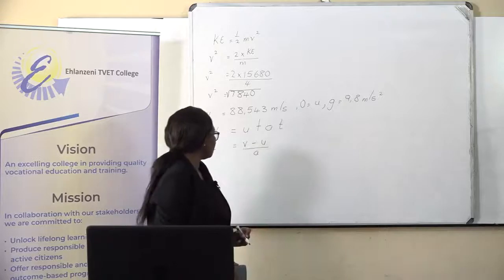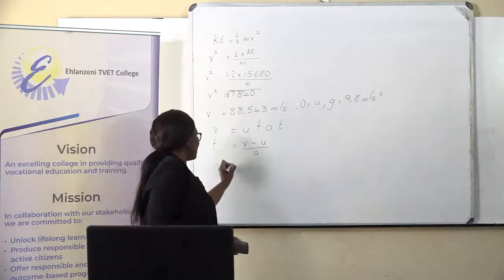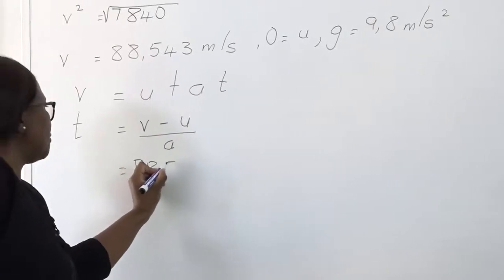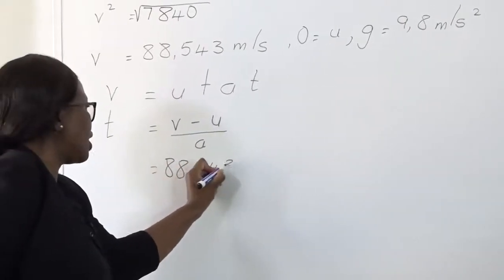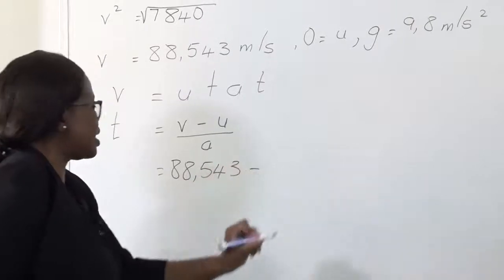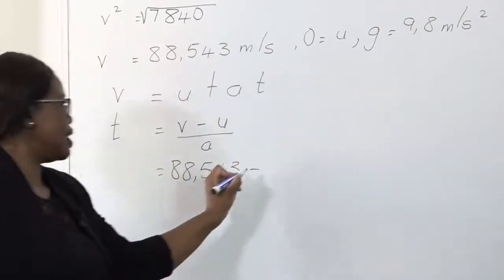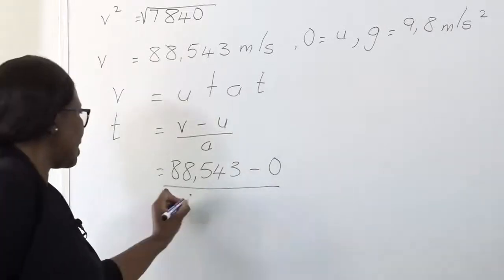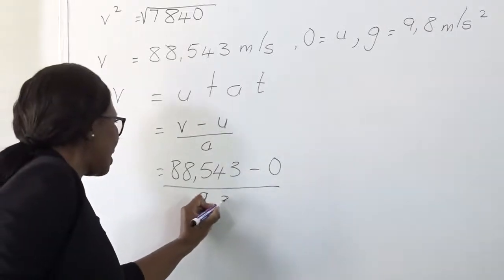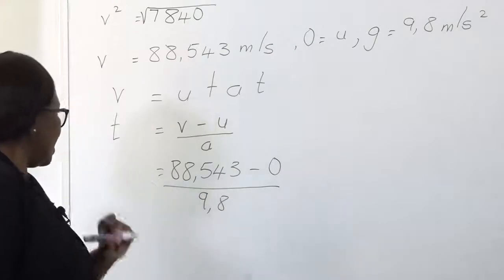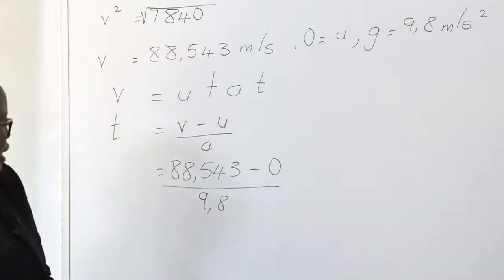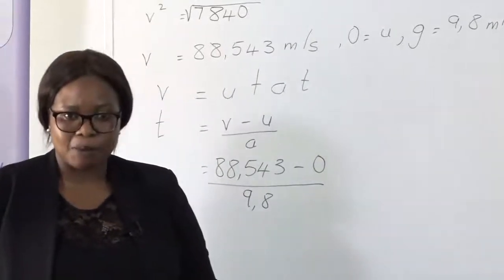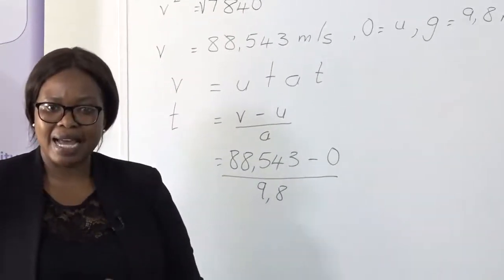Let's plug in our figures now. Our T is 88,543 minus our initial velocity, 0, divided by our acceleration, 9,8.